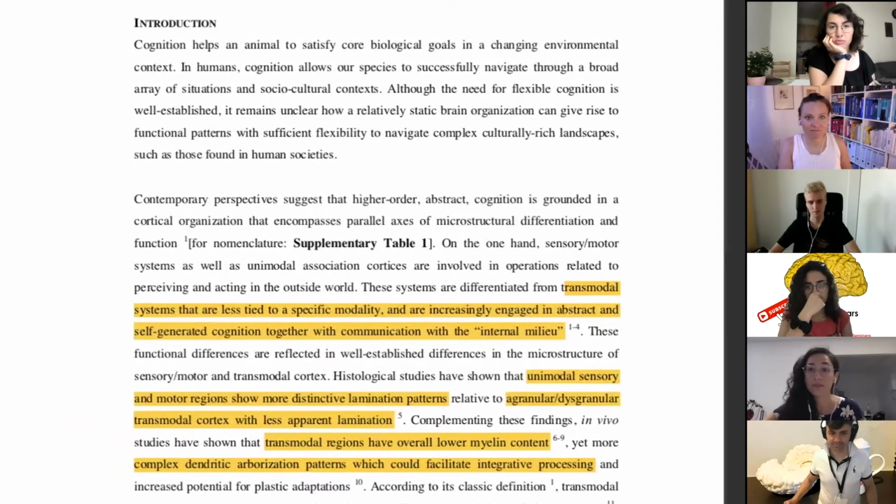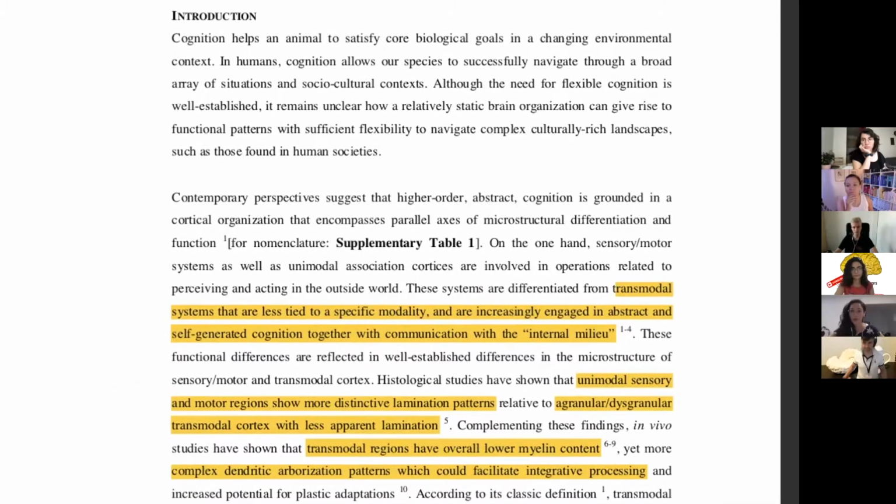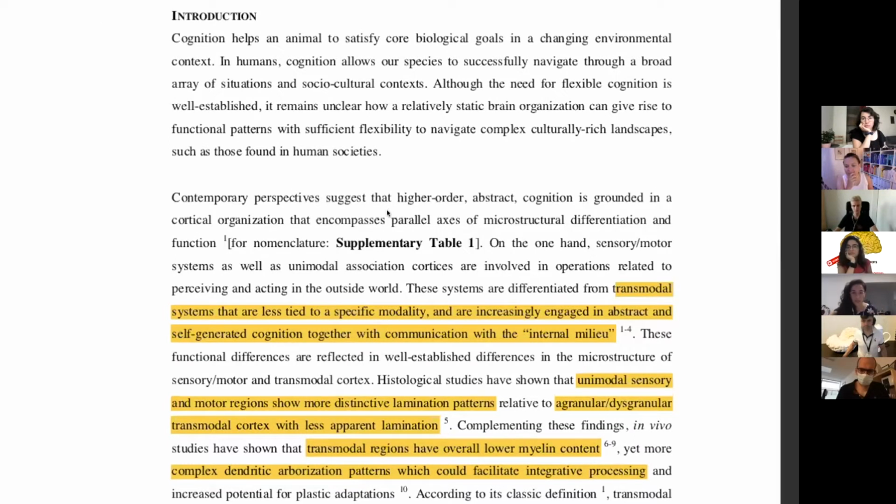So first of all, the difference between transmodal and unimodal systems in the brain.